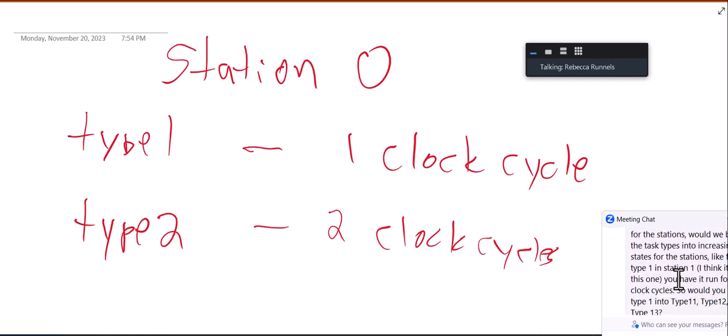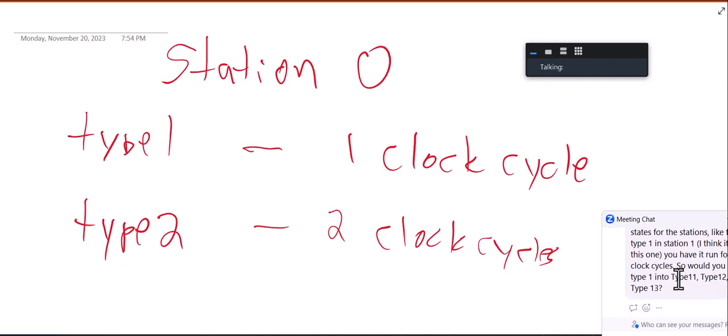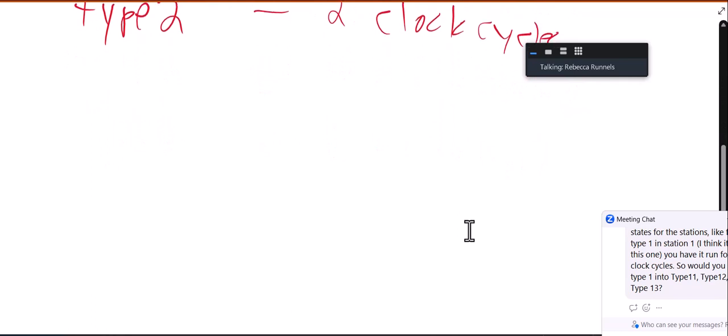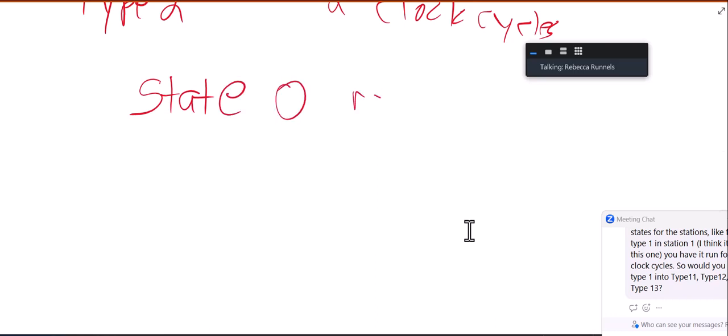If you were his state machine, yes. So, well, not really type 1, well, yeah, kind of. Those are states. So this is the way I saw the states. Now, it's a little bit different than in the simple scheduler because there was one extra piece of information you needed to know. Not just was it ready, but did it complete a task? So my first state, state 0, is ready and idle.